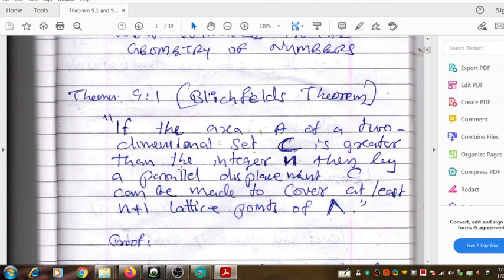Then that set can be displaced, moved either vertically or horizontally, parallel to the x or y axis, or both. We can obtain a new position in which the new position of C contains at least n plus 1 lattice points of gamma.